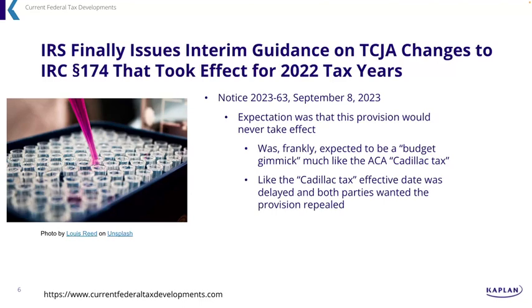Now, like the Cadillac tax, the effective date was delayed. If you remember the Cadillac tax in the Affordable Care Act, it was pushed forward, I think, just like this one, 5 years. So the Cadillac tax, if you've forgotten it, was a special excise tax that would apply if you had a too generous, too expensive medical care program.